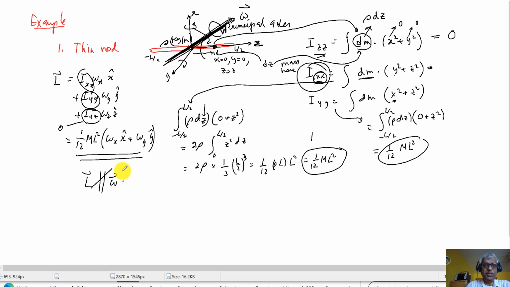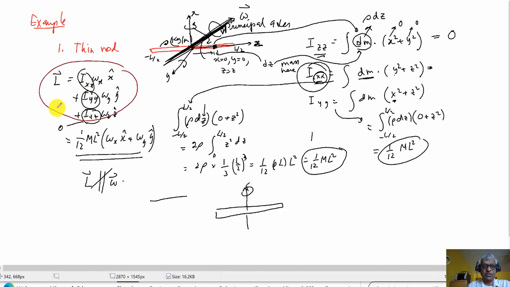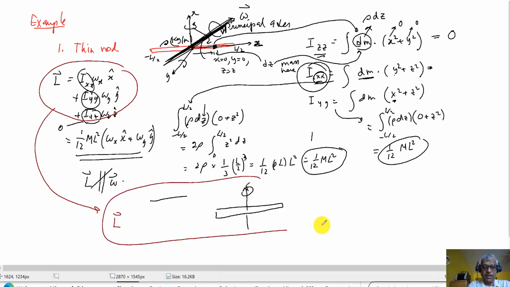But if I rotate about this direction, say this x direction, then L in this case is simply going to be I xx omega x x hat, since omega y and omega z are 0.